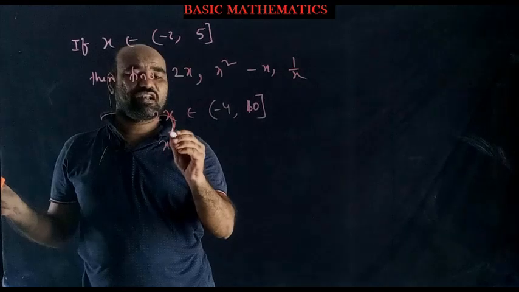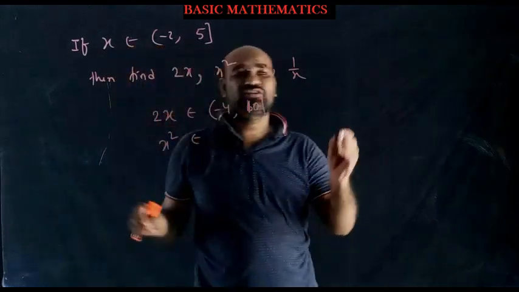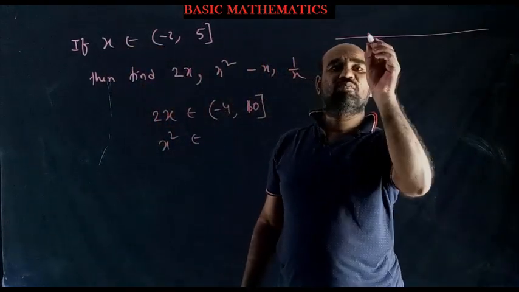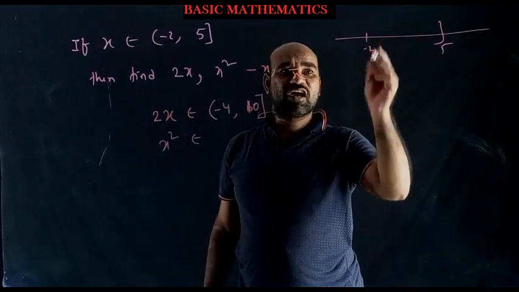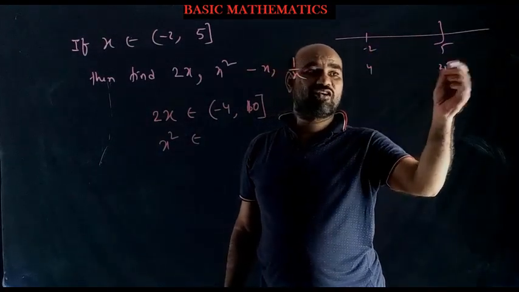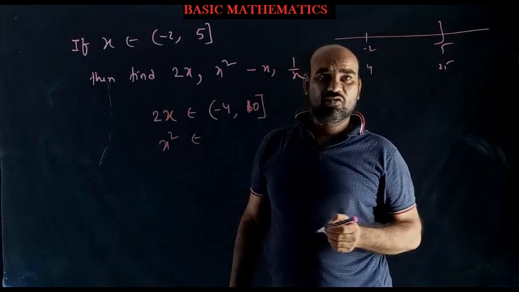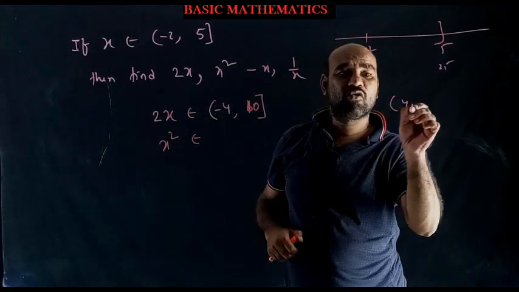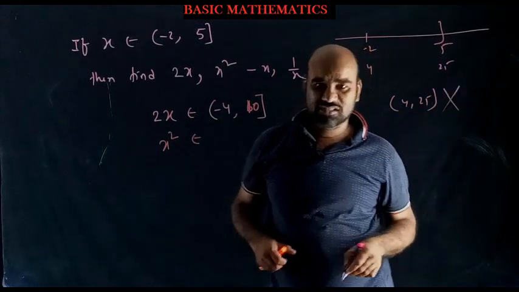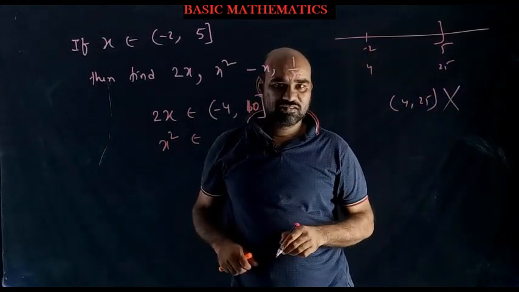Yeah, x square is also somewhat easy only. See here, -2 to 5. -2 square is 4, 5 square is 25. Okay, but don't write open 4 to 25. This becomes a wrong answer. Why?